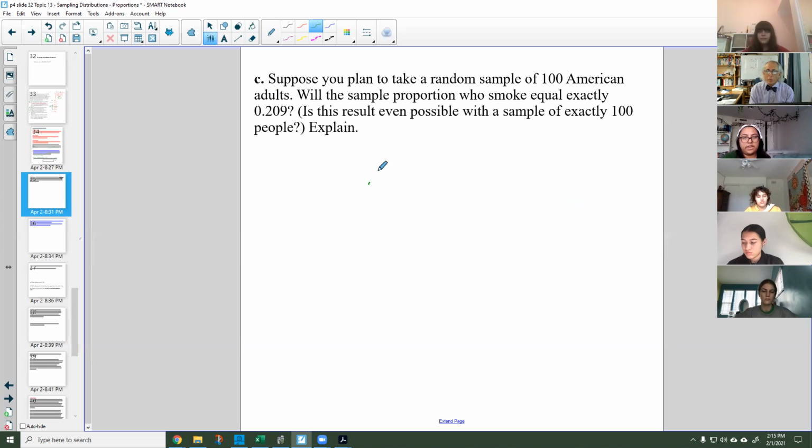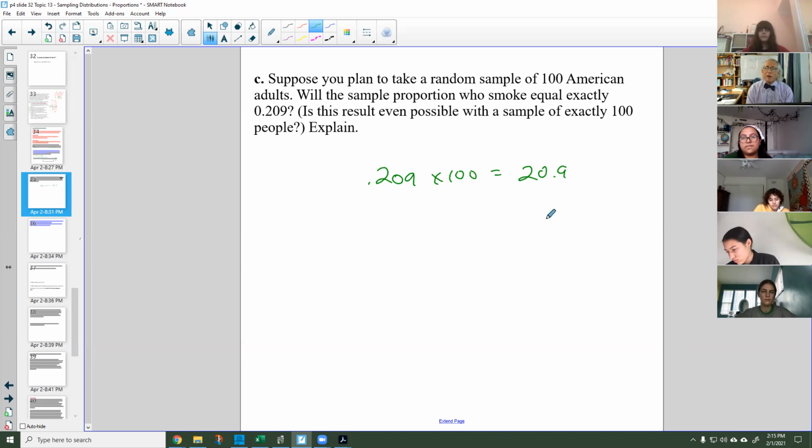If I go 0.209 times 100, what do I get? 20.9? Yes, and can I have 0.9th of a person? No. So I couldn't even possibly get 0.209 if I wanted to. I could get 21, I could get 20, but I couldn't get 20.9.